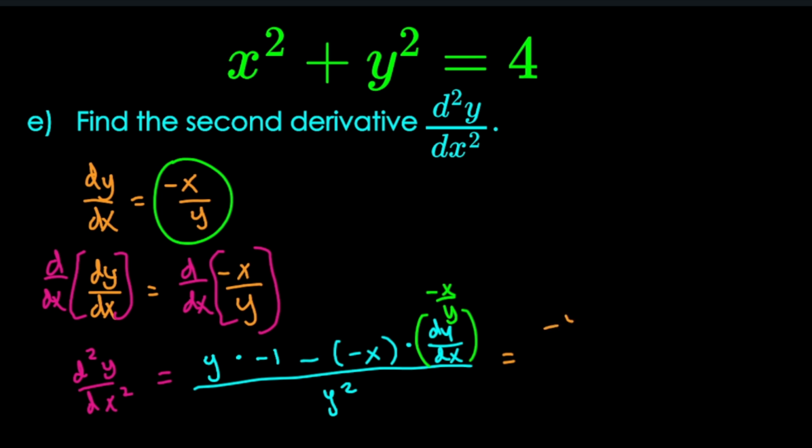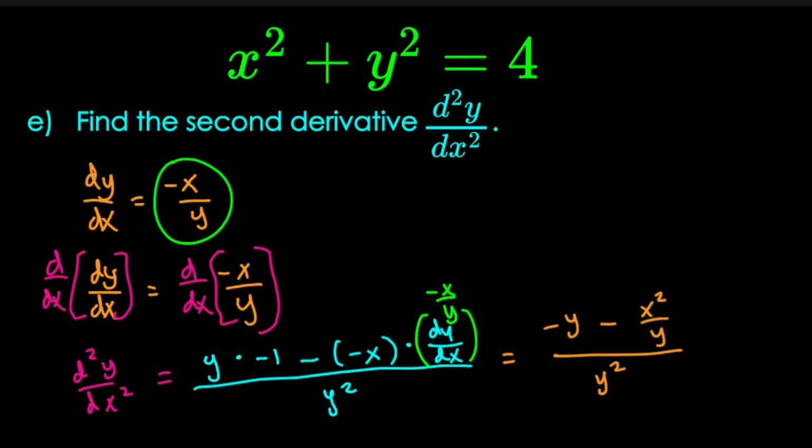So on the top, we have negative y. And then for the next piece, we have 3 negatives, so they multiply to a negative quantity. And we have x times x, so x squared, and that's also divided by y. And the whole thing is divided by y squared.